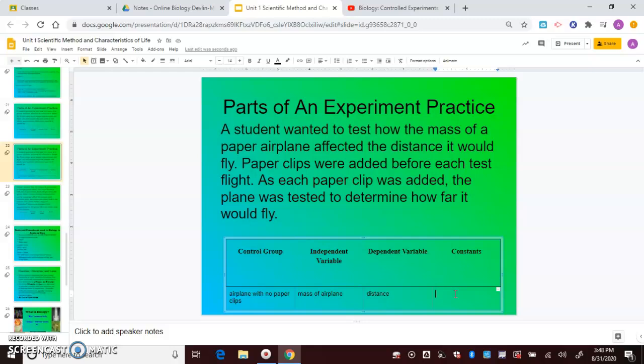So the paper airplanes have to be the same, like the construction of it, how it's made. Another thing that would have to stay the same would be how we are determining the distance of this flight. We're probably going to have to use a ruler, right? So the ruler is going to have to be the same throughout. Okay? Those are just two examples of constants. Hopefully you guys can think of a couple others.